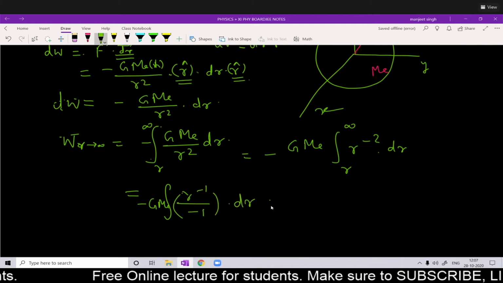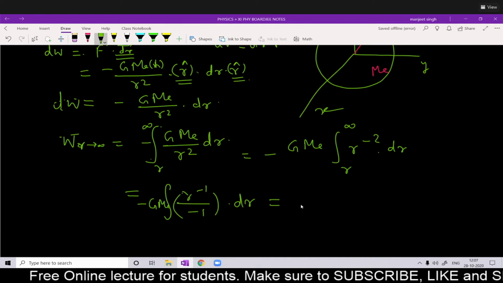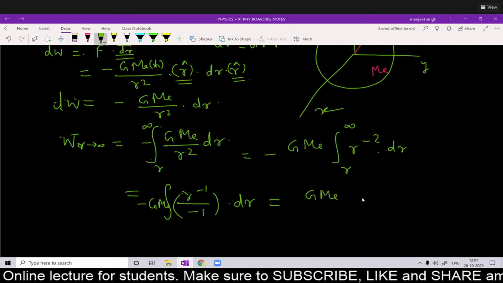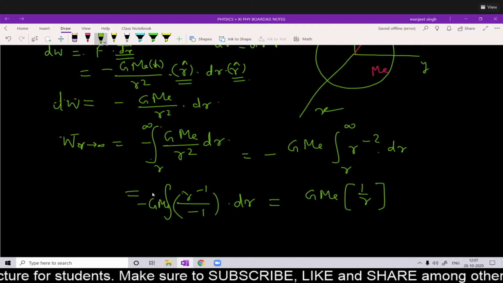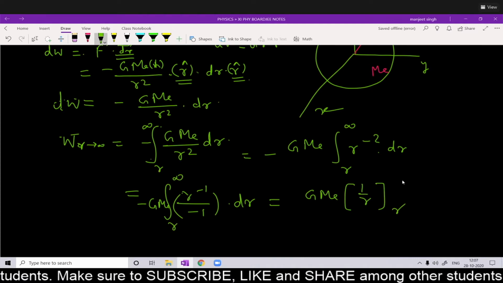The minus sign you take out, this becomes G M e times 1 upon r, with upper and lower limits r to infinity.